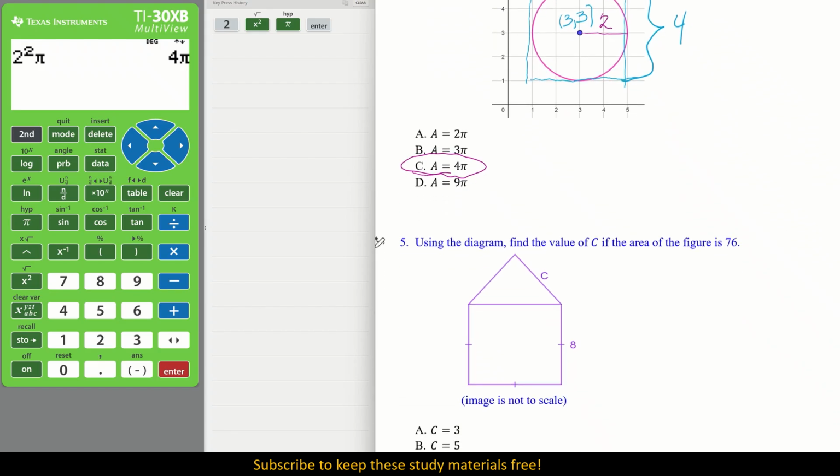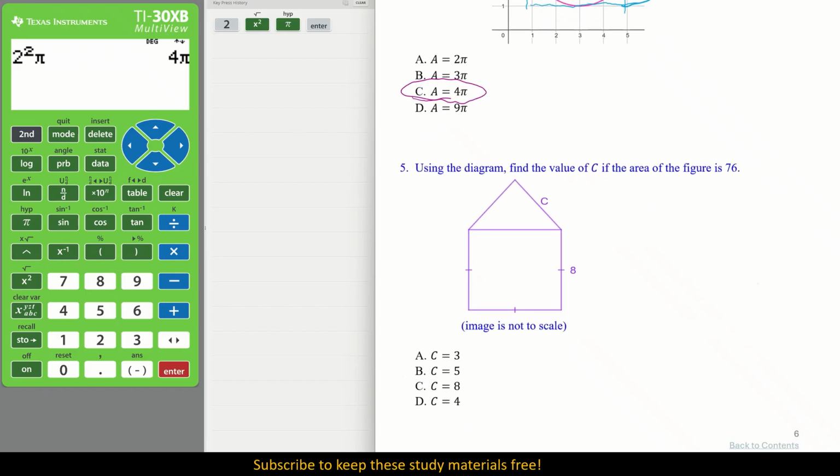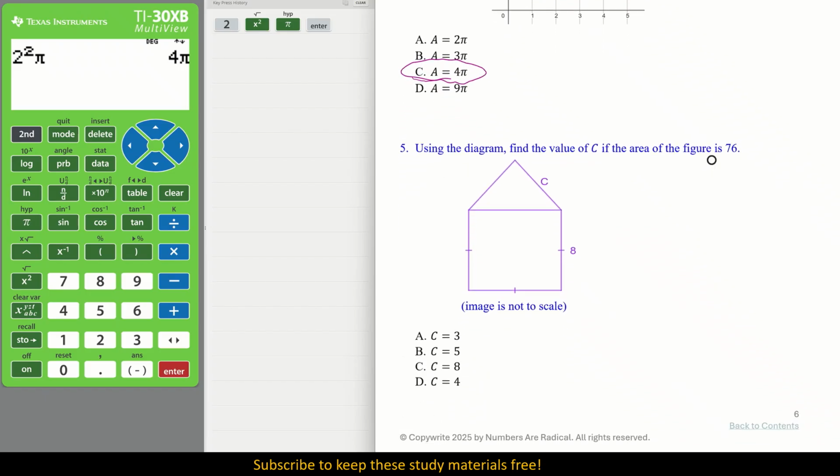Okay, let's go to number 5. Talking about some things being a little simplistic. This question, this very question, in a little bit different form, was on one of my real tests. I'm not going to tell you which one, but be ready for something like this maybe. Using the diagram, find the value of C if the area of the figure is 76.